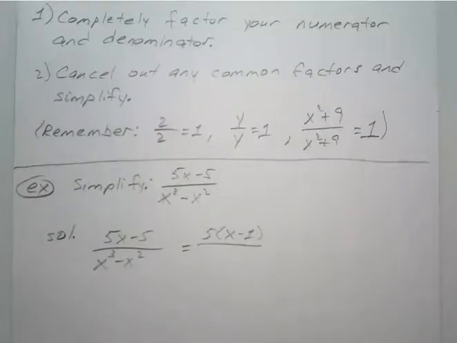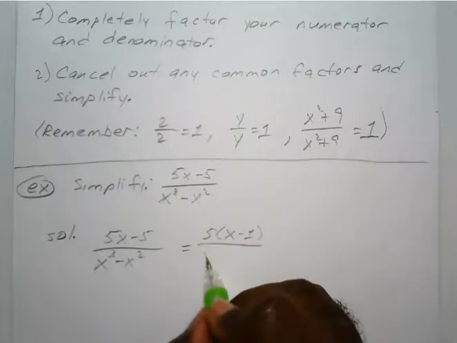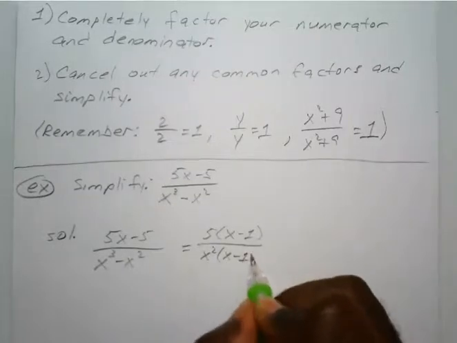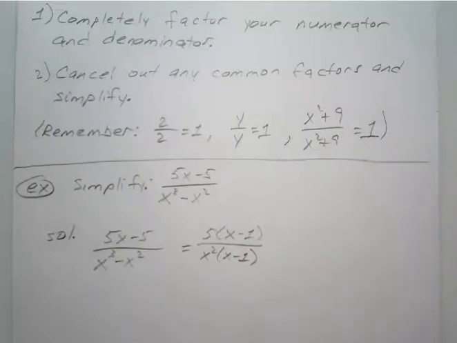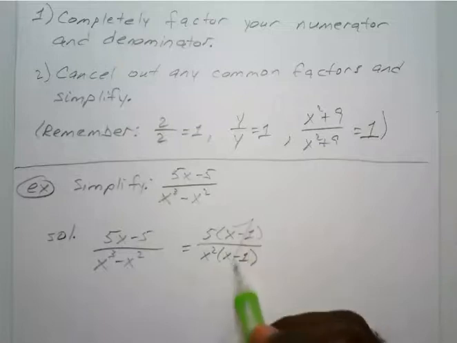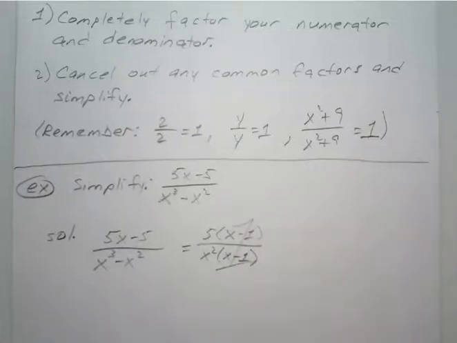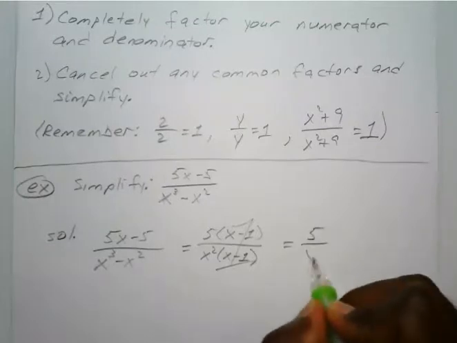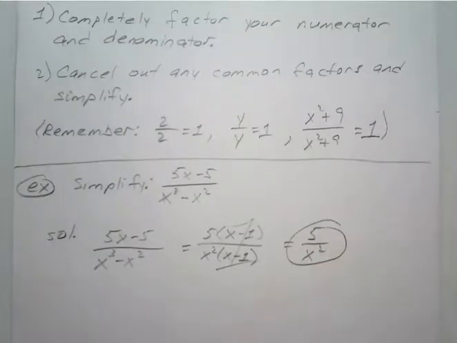That becomes x squared times x minus 1. Once again, anything divided by itself is 1. As long as it's factored, we have just multiplication up here and just multiplication down here. So these two cancel each other out, and you're left with 5 over x squared. So that's how you simplify your rational expression.